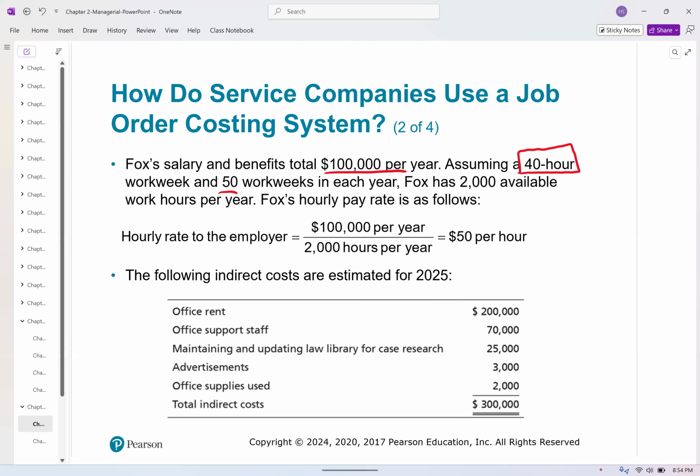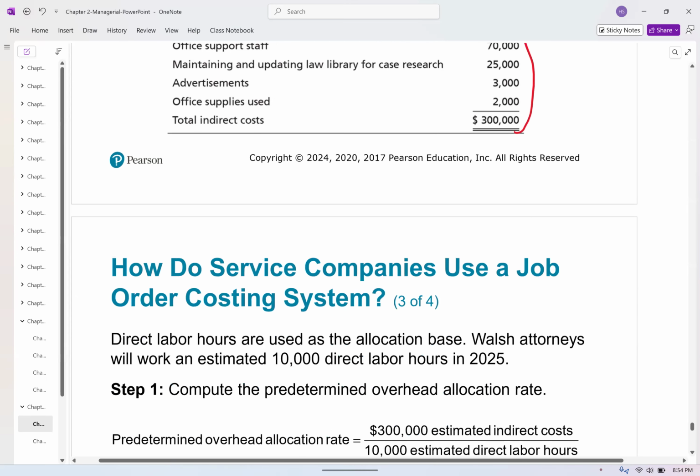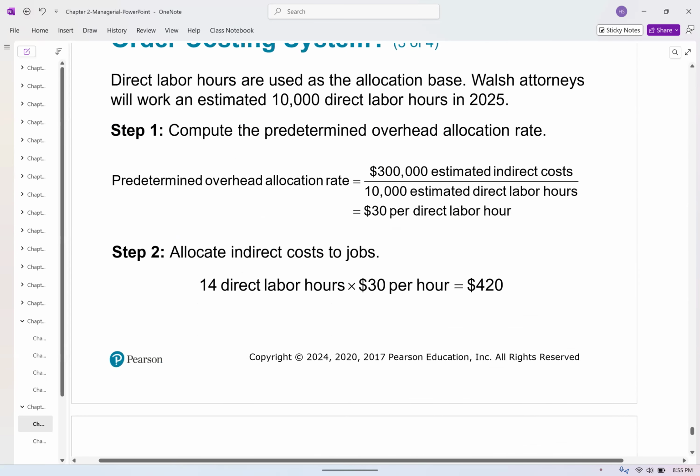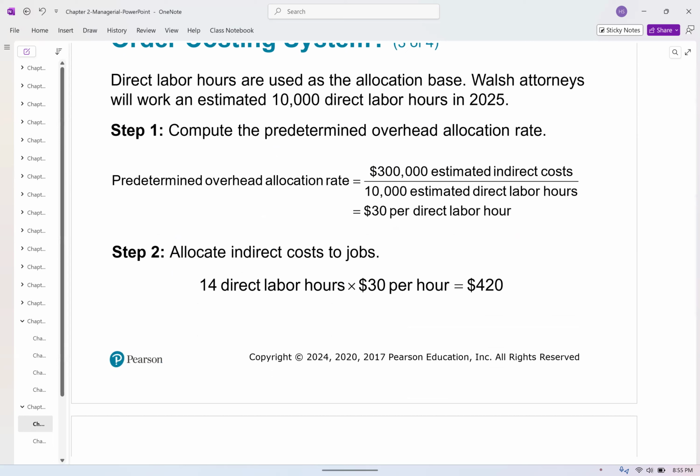Okay. The indirect cost estimated was 300,000 and they're going to use a predetermined overhead rate. So they take the estimated 300,000 of indirect cost divided by estimated direct labor hours. So they would have $30 per direct labor hour that they will allocate. Sorry, not manufacturing overhead.